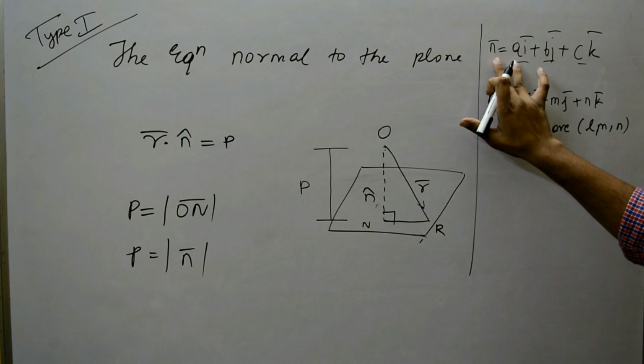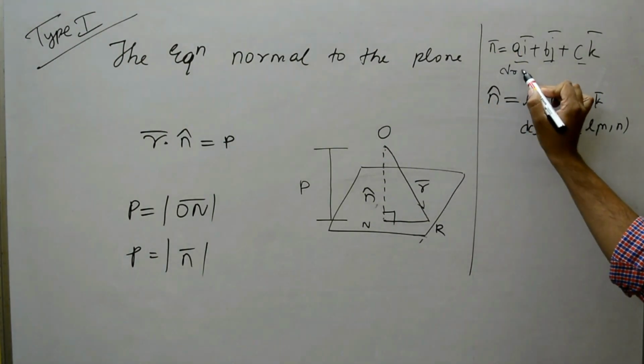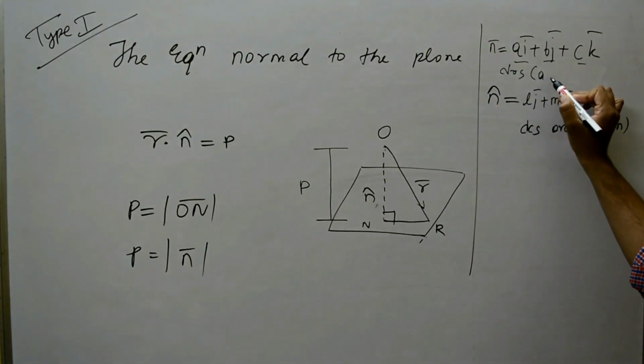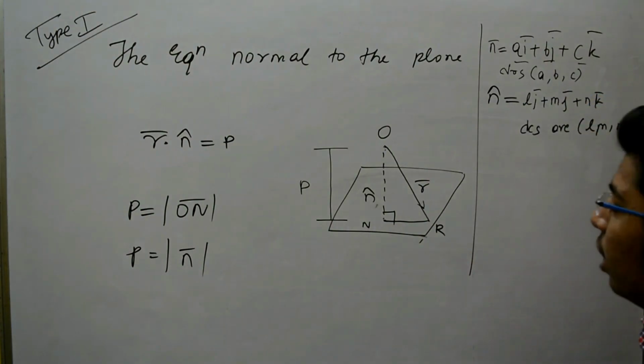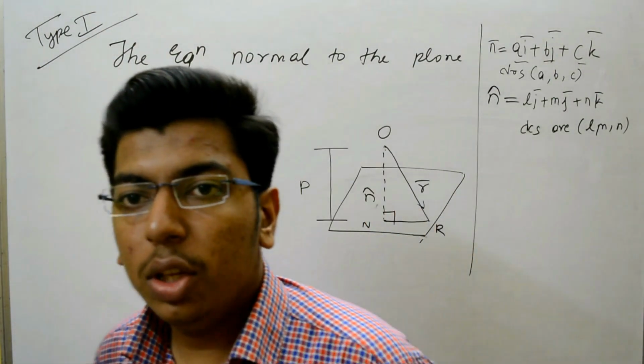Here the direction ratios are a, b and c. Here n cap is the unit vector.